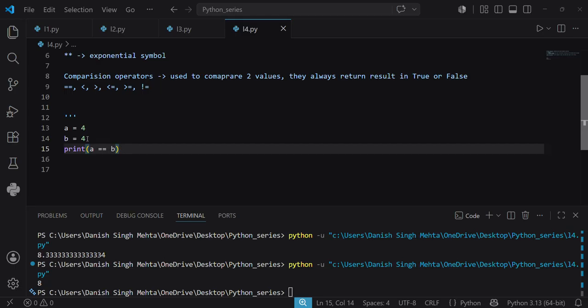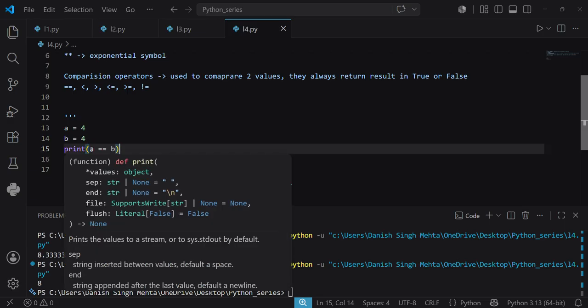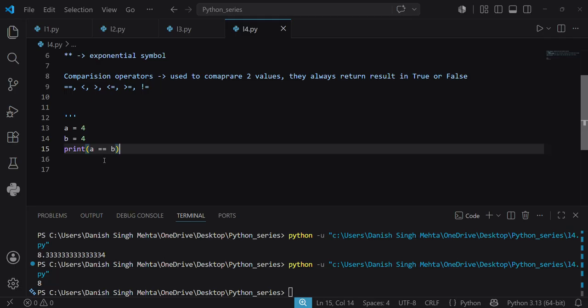So yes, they are equal, and the result of this print statement will be true. So yeah, you can see that the result of this is true.